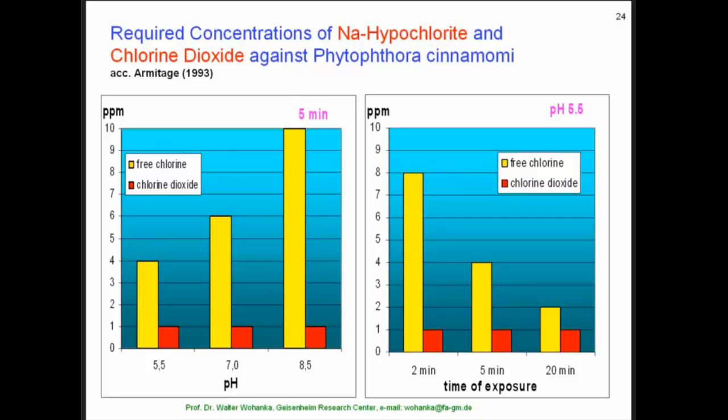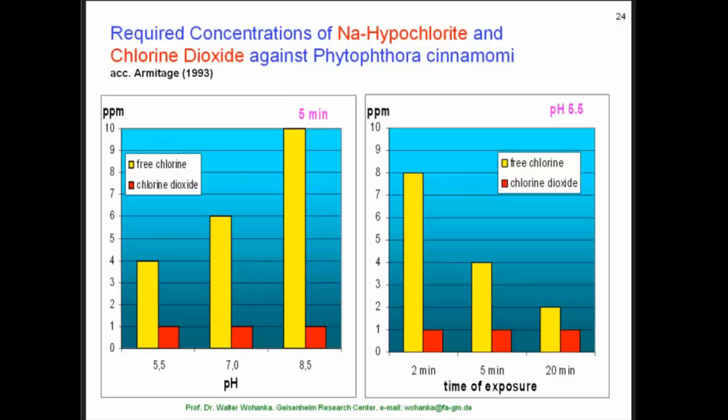The two graphs show what concentration is necessary to kill the chlamydospores of Phytophthora at a certain pH or a certain time of exposure. First, the left graph showing the influence of the pH. Yellow columns are for chlorine and the red ones for chlorine dioxide.